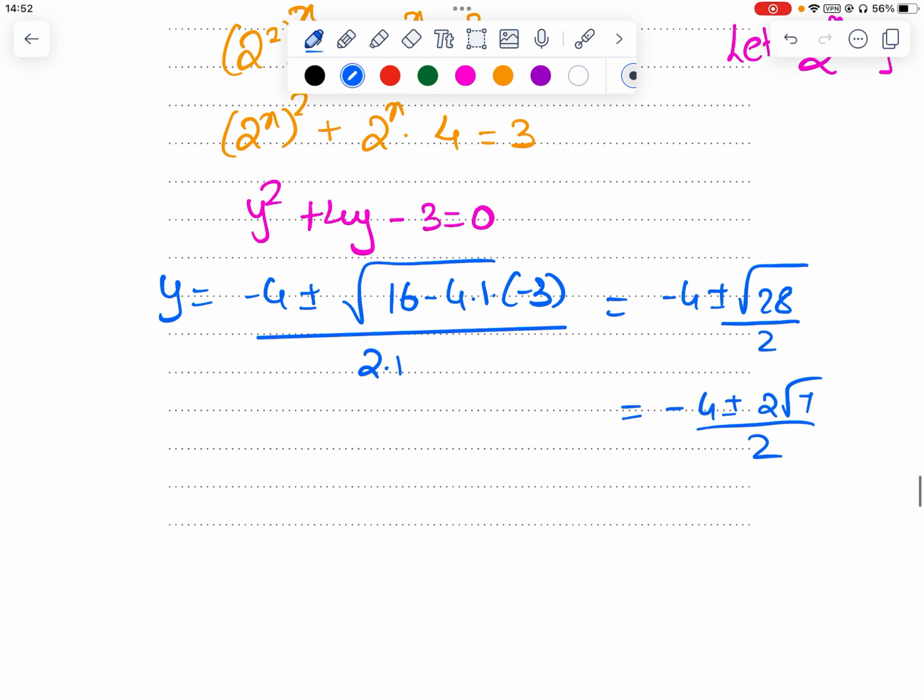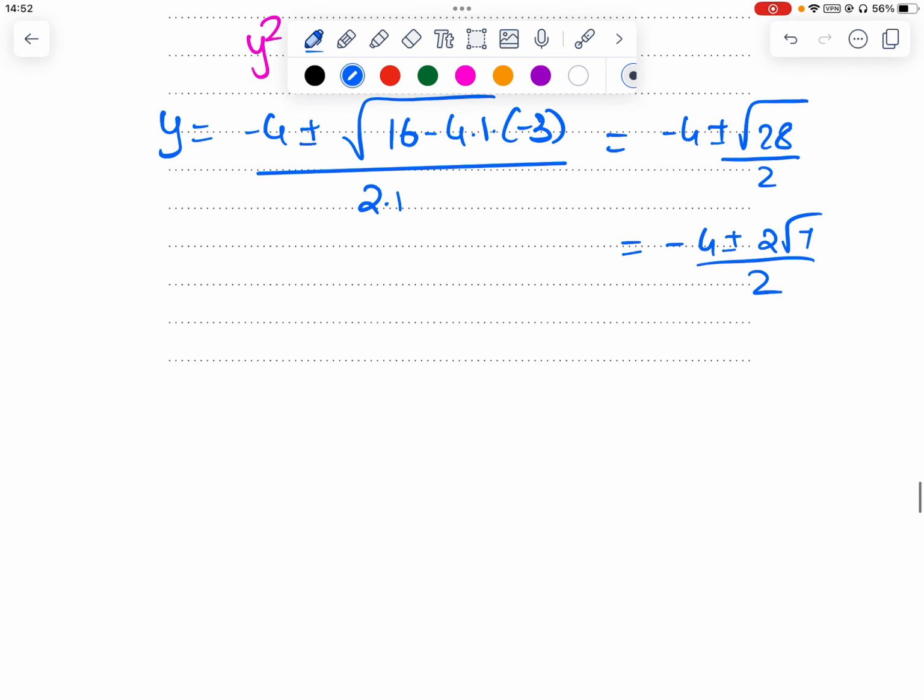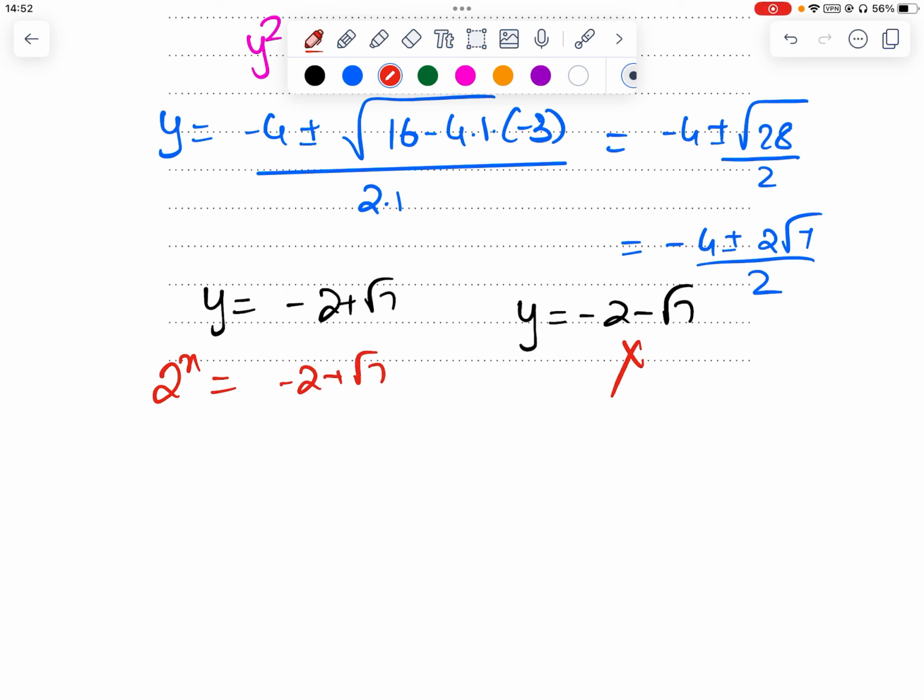So I get y equals negative 2 plus root 7, or y equals negative 2 minus root 7. Negative 2 minus root 7 is rejected because y cannot be negative. So only the positive value. So 2 power x equals negative 2 plus root 7. Applying log on both sides.